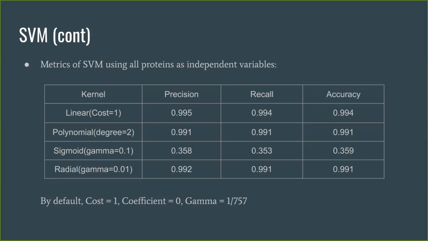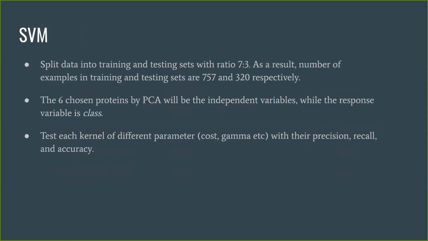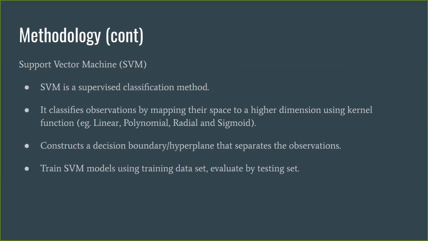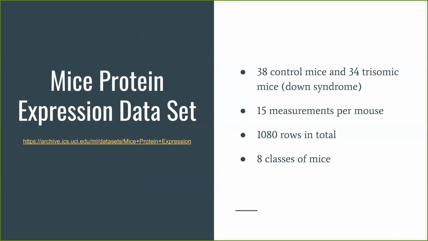Okay. How big is the test set? For the training set, there are more than 700. For the testing set, just 300. Are there so many mice? Yeah. There's a total of 1,080 observations. Actually, there are 72 mice, and for each mouse there are 15 measurements.